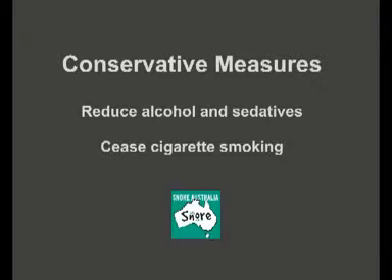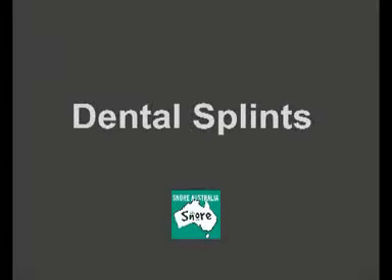I've also listed cigarette smoking. Everyone knows that that's bad for health, but it's important in sleep disorders because it causes swelling or edema of the tissues at the back of the throat and also the nose at times. Because of that, it magnifies airway obstruction and generally makes snoring louder and apnea more severe.